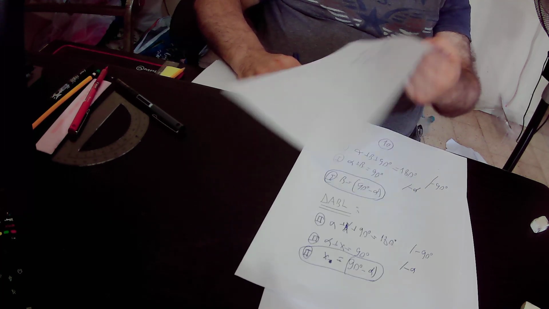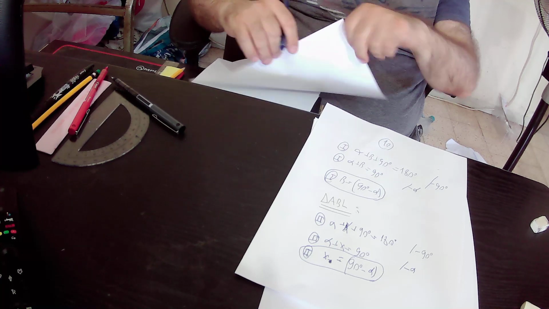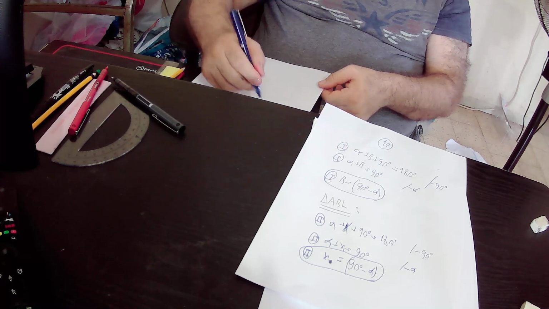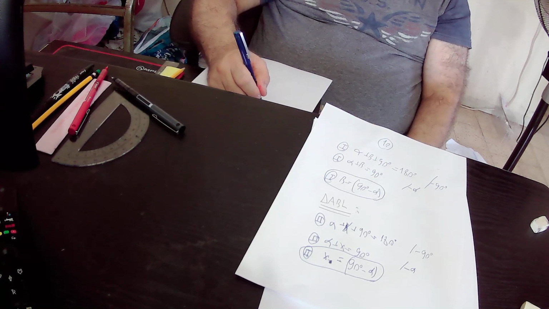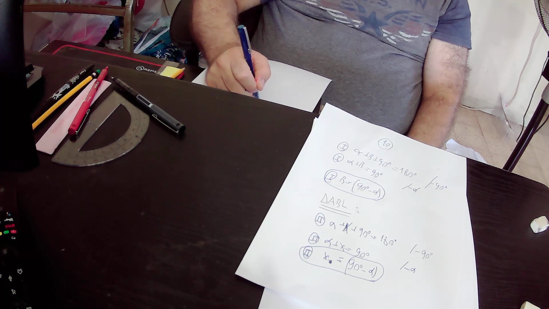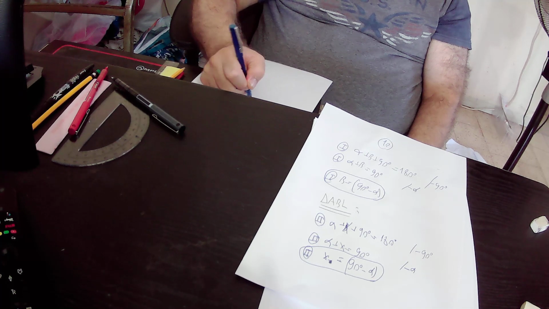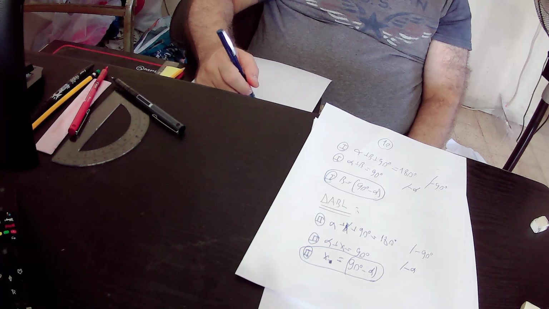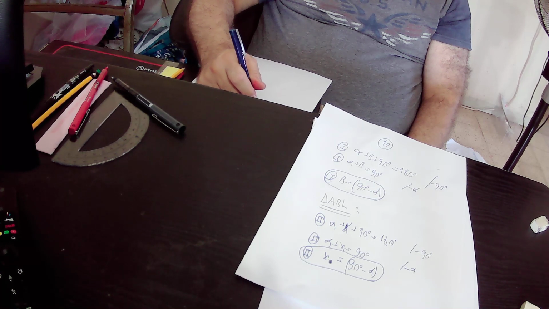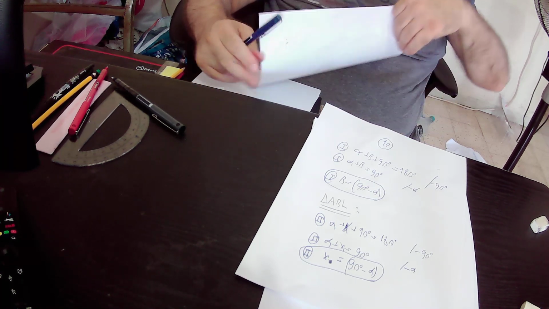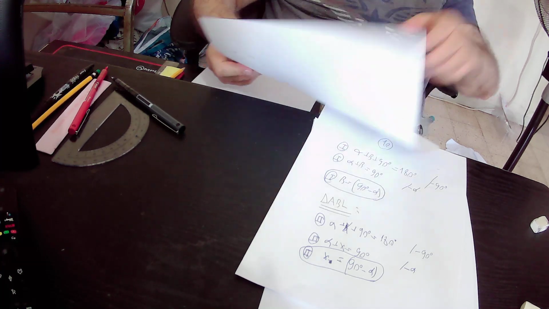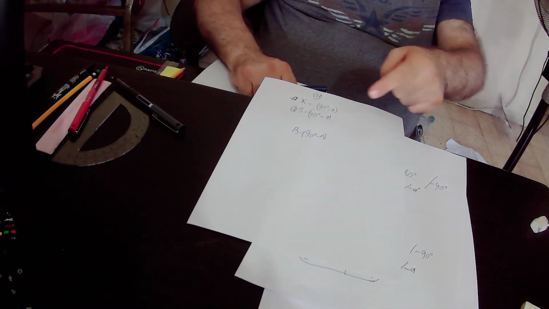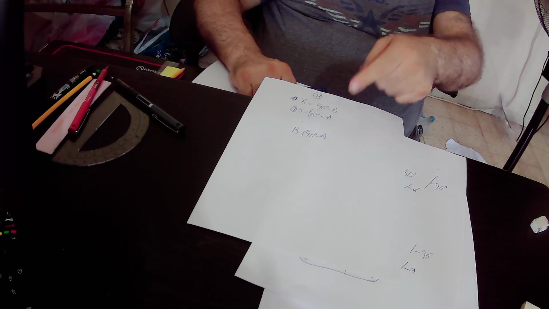So from one side we have beta that equals 90 degrees minus alpha. Equation number 1 states that beta equals 90 degrees minus alpha.